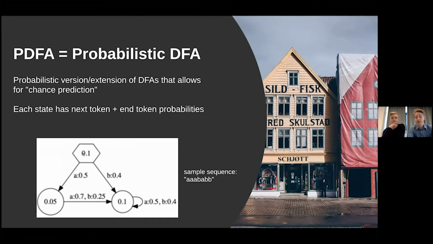The number inside is the end token probability, marking instead of the legality of that being a finishing state, the chance that this is the state that we end up at. And it also has 2 outgoing transitions, which has a token, which is A or B. And that token also has a probability, which marks, given that we are at this state, what is the probability that we will move through this token?